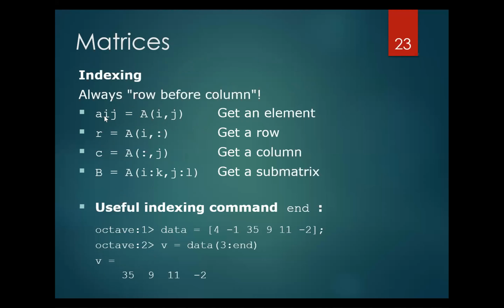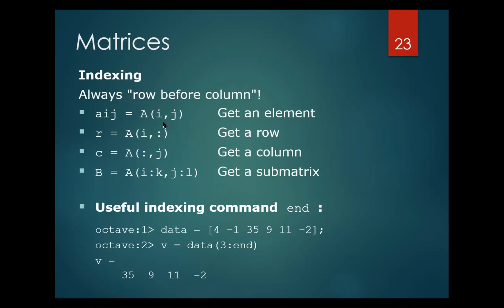So A, I, J, the A is the element at that position. I is the row and J is the column. How do you express this in Matlab? This is how we do it in Octave and Matlab. A of, that is in brackets, i, j.